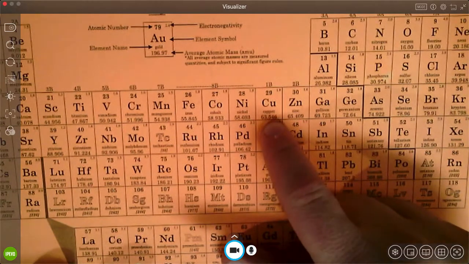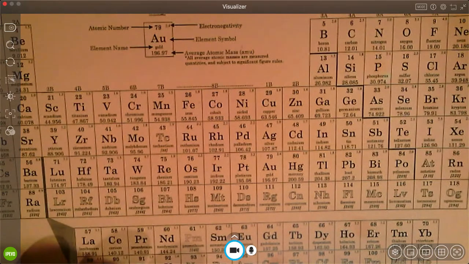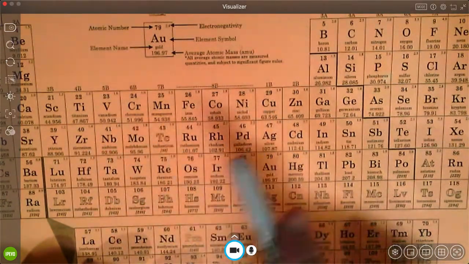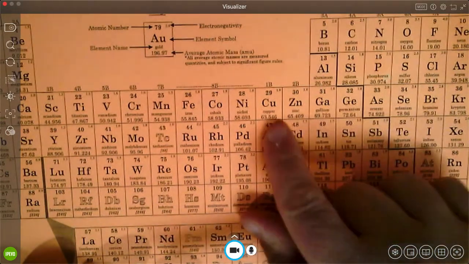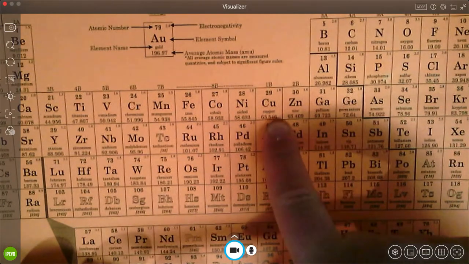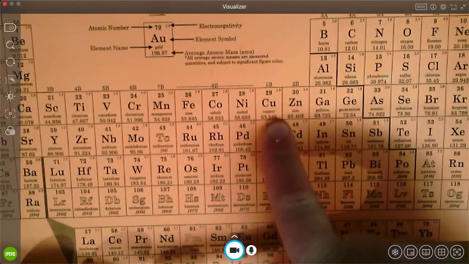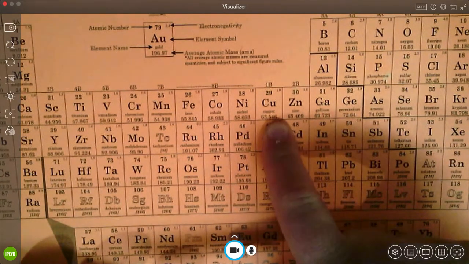This is an accurate one, but in order to show you how these were calculated, some of these percentages are slightly different than what they would be in real life, just so that you're not getting the exact same answer as what's written on the periodic table. And you can't just pull out your periodic table and copy the answers down and call it good, right? So the answers on these worksheets I'm giving you over the next day or so will be slightly different than what's on the periodic table, but they will be close.